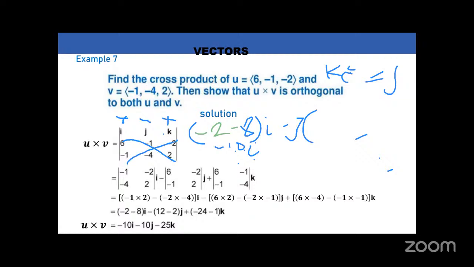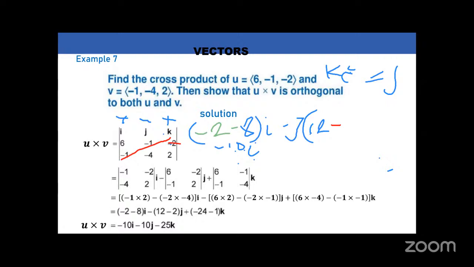So 6 times 2 will give me 12, minus this, which is minus 1 times minus 2.